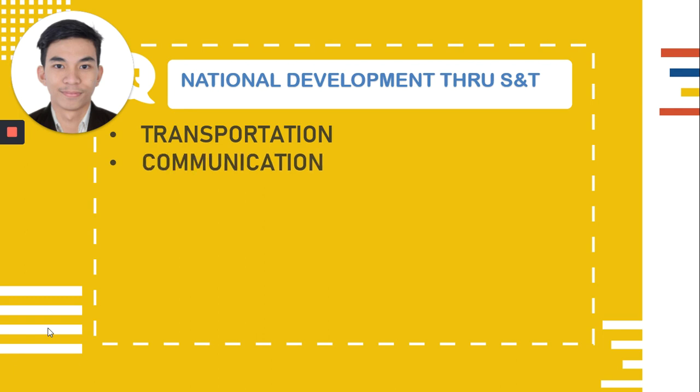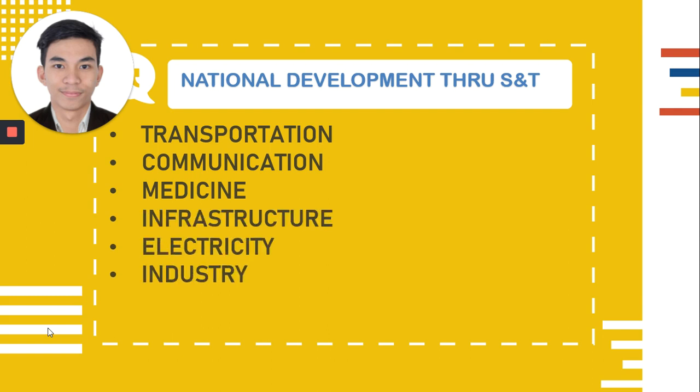Communication, on the other hand, has been made easier today with the development of several brands of cell phones, which can open communication among loved ones, even from afar. In other areas of society, like the medical field, infrastructure, electricity, and industry, there is equipment to be used by modern day people. Life has become easier with the discovery of several tools and gadgets.